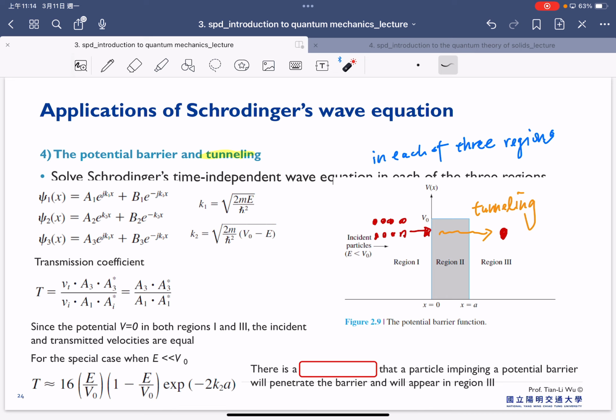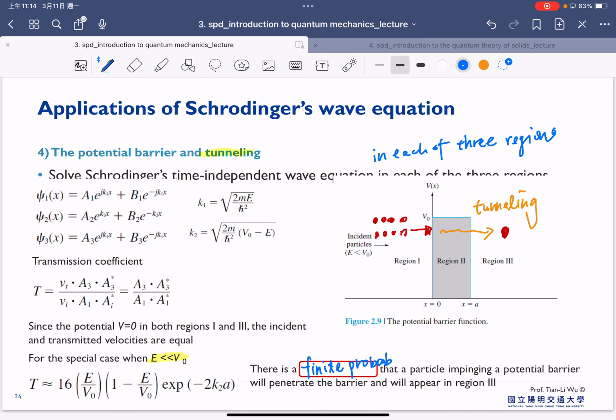So, for the special case when our energy is much smaller than V0 here, the transmission coefficient can be expressed in this form, and this means there's a finite probability that a particle impinging on a potential barrier will penetrate the barrier and will appear in region 3.